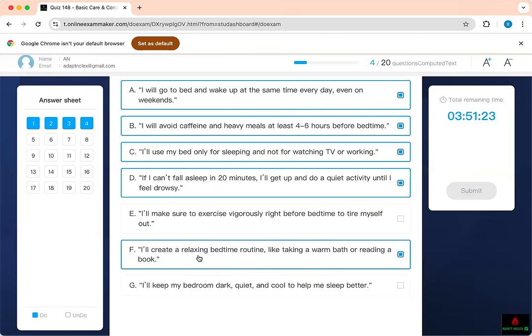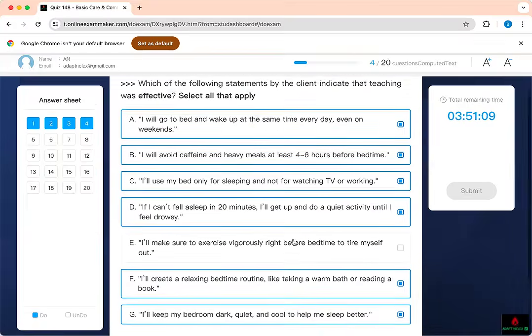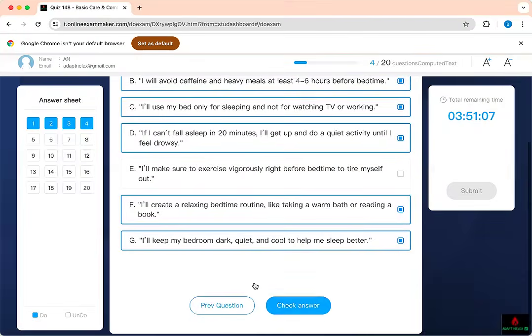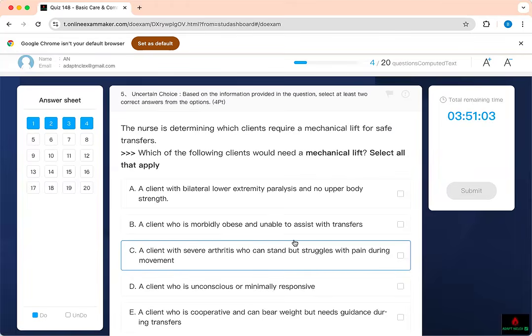This contradicts number five. I will keep my bedroom dark, quiet, and cool as much as possible. Lower temperature and a dark environment will help with sleeping. So these are all things you should be teaching the patient to do, and he's saying the right thing. Okay, those are sleep hygiene.